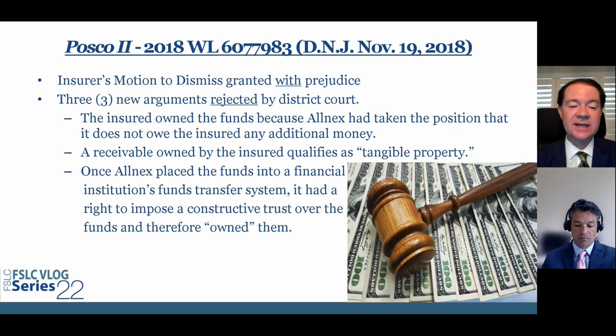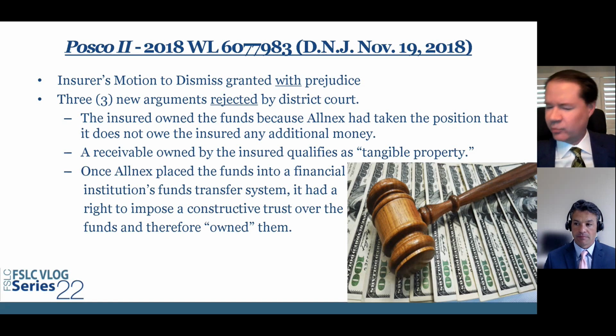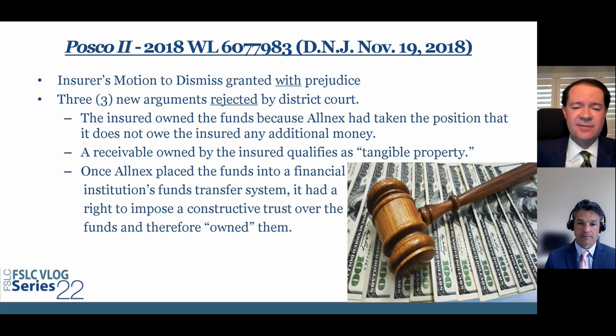First, the insured said that it owned the funds because its vendor had taken the position that it does not owe the insured any more money, and the court said that doesn't control how policy language is interpreted. Second, the insured said that owning a receivable qualifies as tangible property. The court dismissed that, saying that under the UCC and some other cases in our fidelity world, a receivable is intangible property and is not what is intended to be covered by a bond or a crime policy.